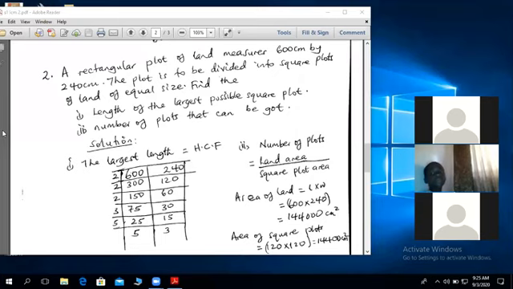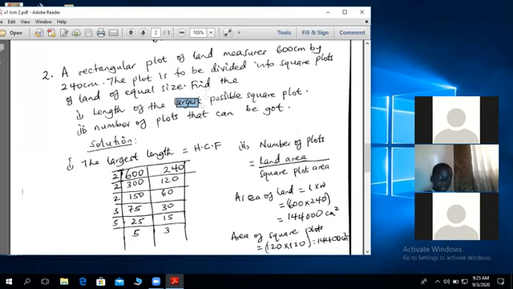So when the question says the length of the largest possible square plot, then you should start thinking about the highest common factor.